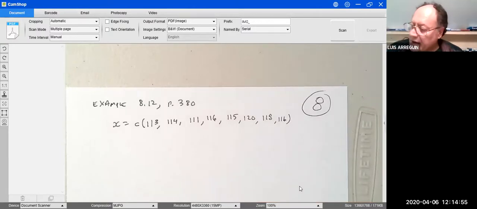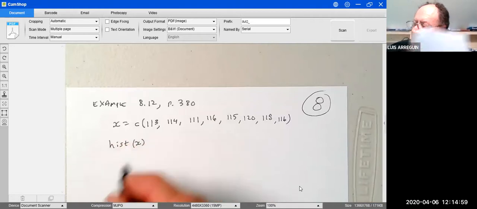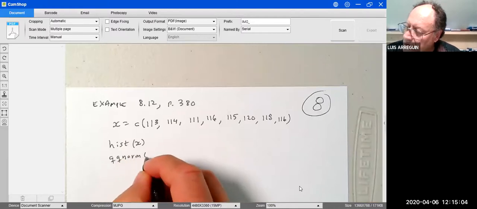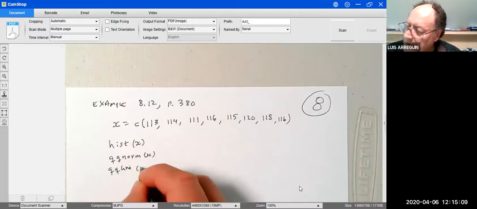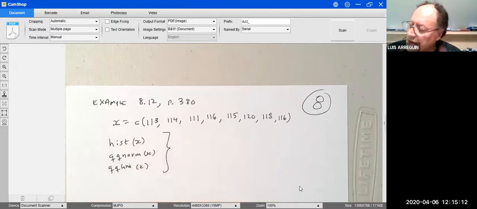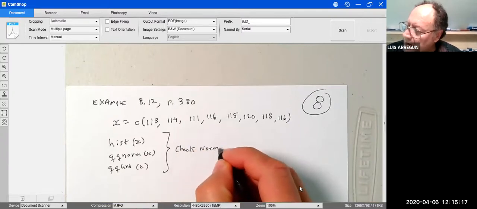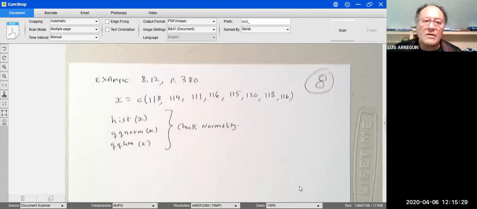We're going to need to check normality by creating a histogram or by using qqnorm and qqline. These are the ways to check normality. Remember, we want to check normality because the problem doesn't say that the sample is coming from a normally distributed population. So that's a first step.